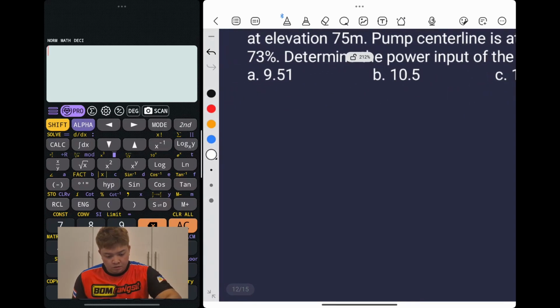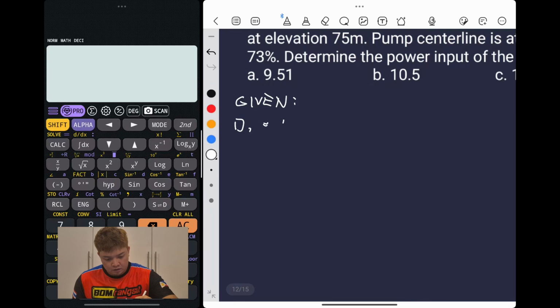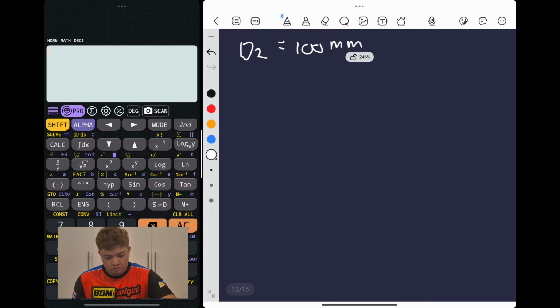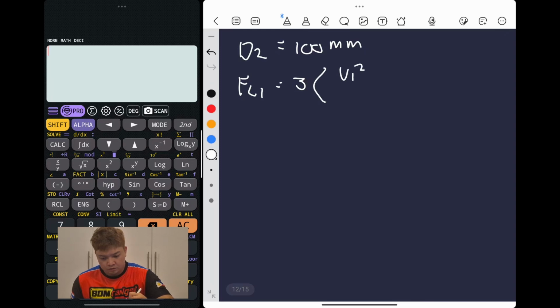Okay, so given. Our given is we have diameter D1 is 150 millimeter and D2 is 100 millimeter. Then we have friction loss, which is 3 V1 squared all over 2g.